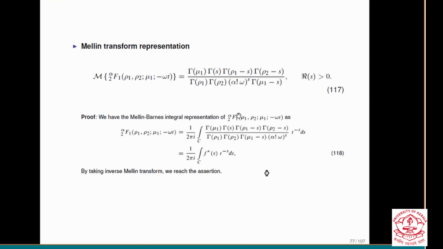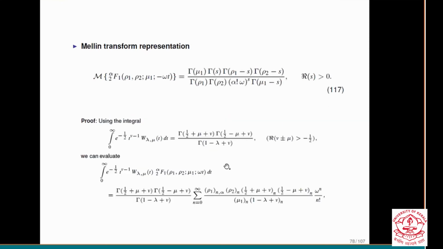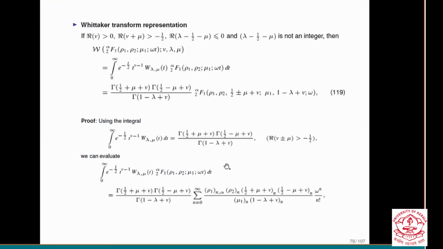And the Mellin transform representation can be written as 117, and here we also obtain the Mellin transform representations of this function. This is given in this form, and this is your next result.